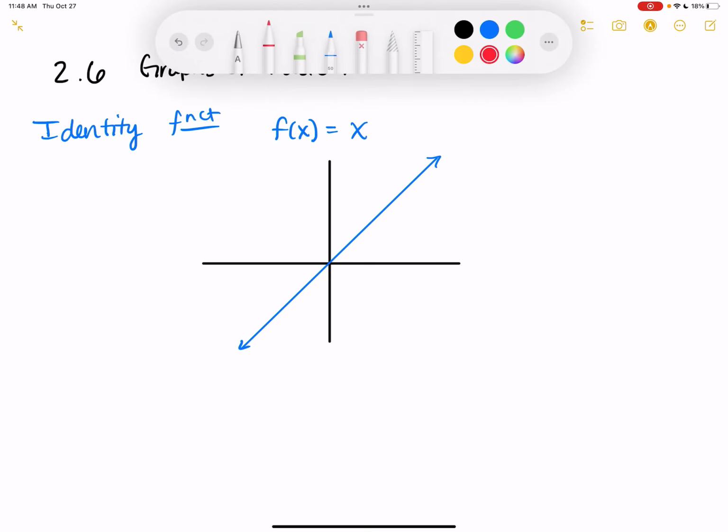This has a domain of negative infinity to infinity and a range of negative infinity to infinity.